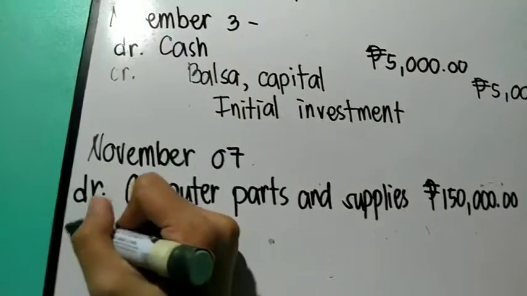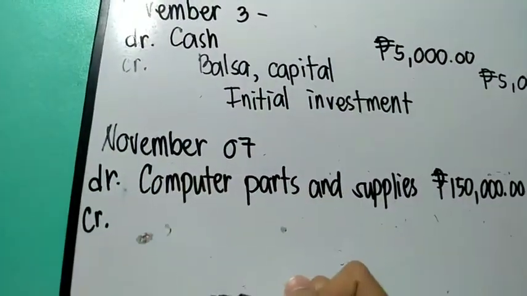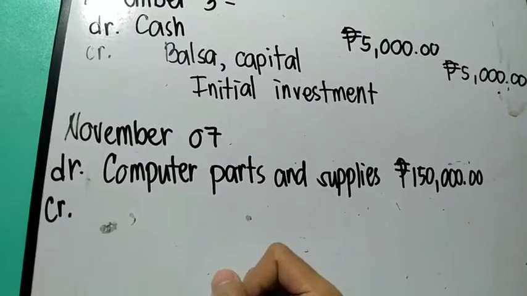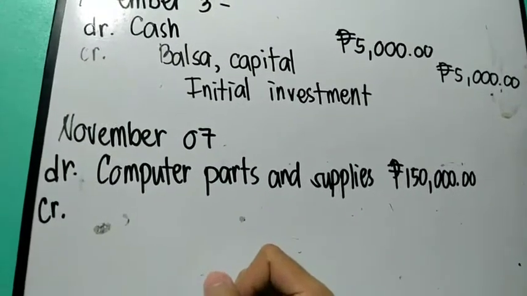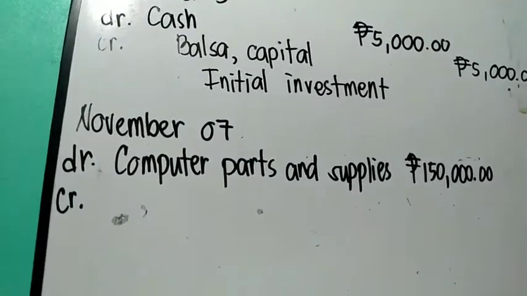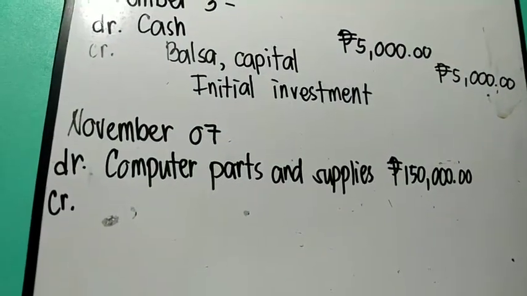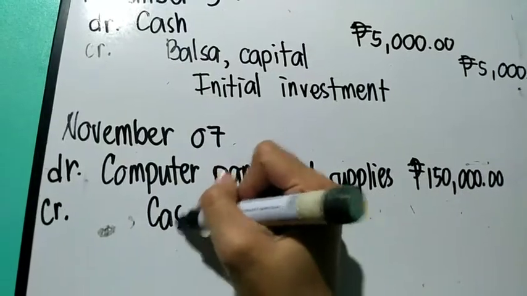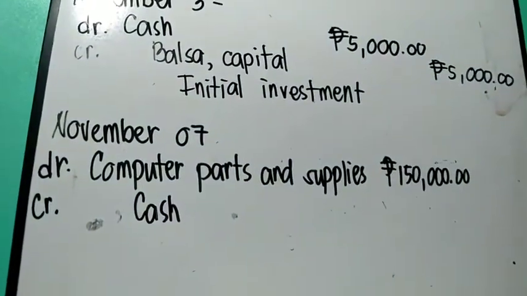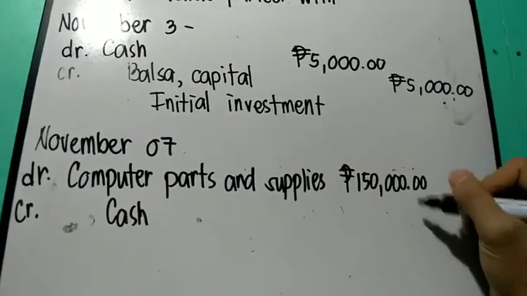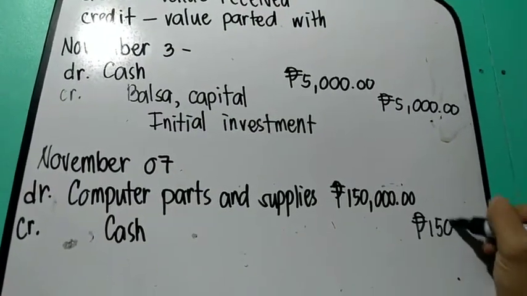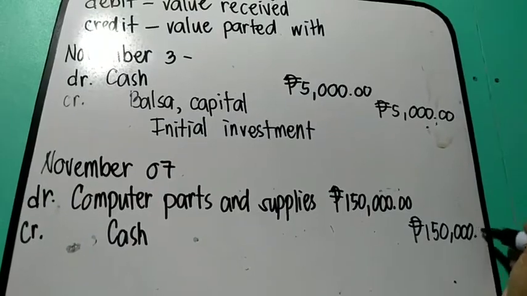And what is your credit or your value parted with? It's the same thing when you buy something from a store. What will you give to the store owner or to the seller? You will give cash. Of how much? It's the same amount, 150,000 pesos.